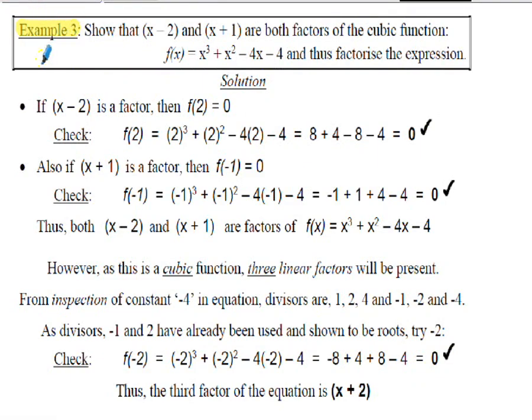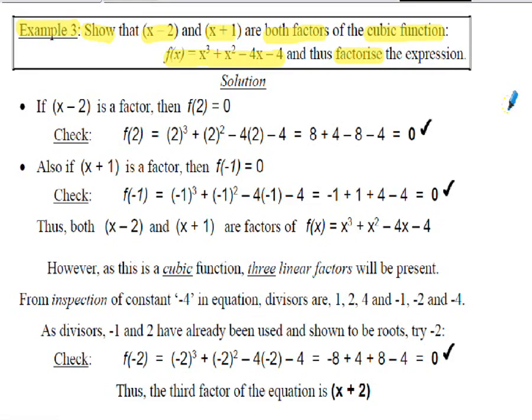Example 3 just shows an alternative way that the question can be worded. In this particular case we're asked to show that x minus 2 and x plus 1 are both factors of the cubic function of x is equal to x cubed plus x squared minus 4x minus 4. And we're asked to factorise the expression. So essentially what this example has given us are two solutions to the problem.